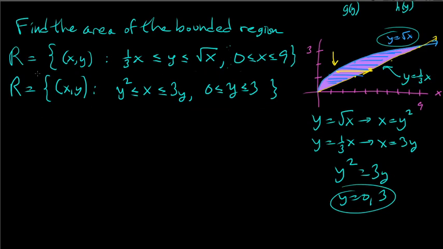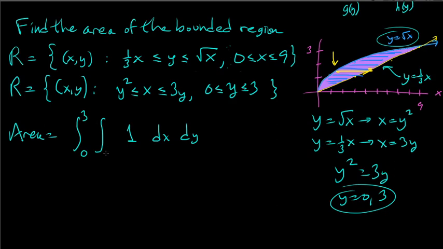Okay. So having done this, now we can find the area of the region as an iterated integral. The outside is going to be the dy now, and the inside will be the dx, and we're just going to integrate 1. So what is y doing? Y is going from 0 to 3.